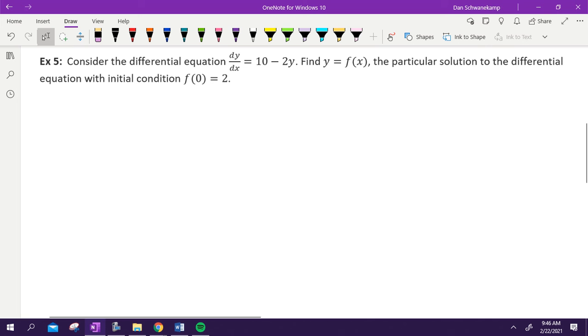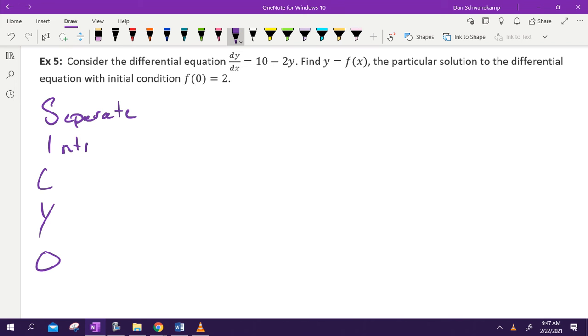We are solving differential equations. Remind your neighbor, what are the 5 steps of solving a differential equation? There are 5 steps to solving a differential equation. S-I-C-Y-O. S stands for separate. I stands for integrate.